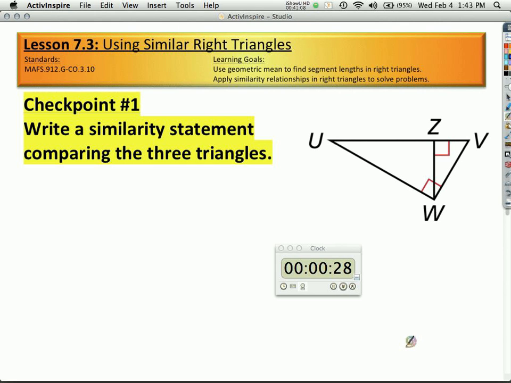If you're already done, compare your statement with your teammates.